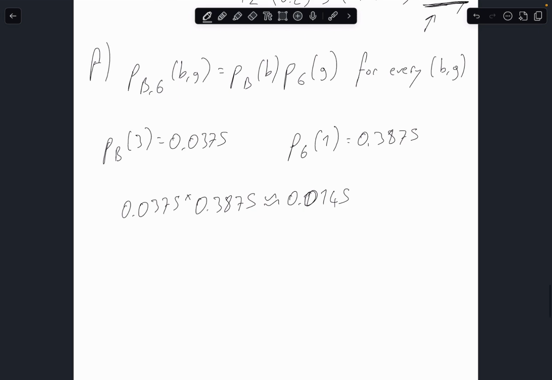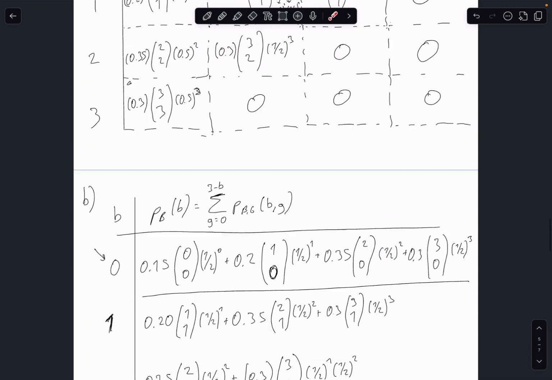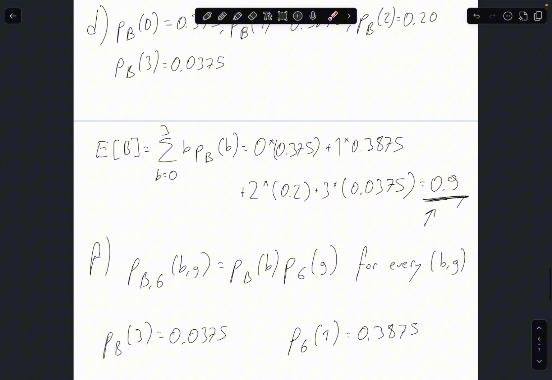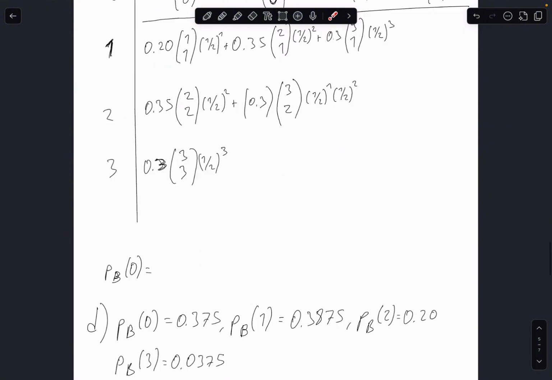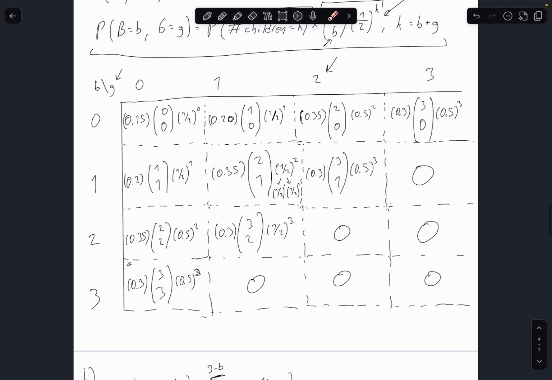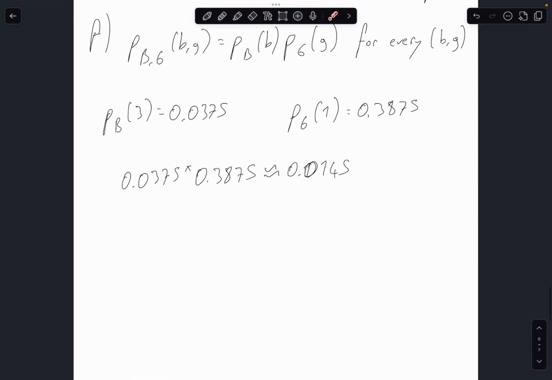But in our table, let's check our table. We have 3 boys and 1 girl. It is 0 because it was impossible to have 4 children in total. So that's why a family with 3 boys can't have any girls, and that's why they are not independent.